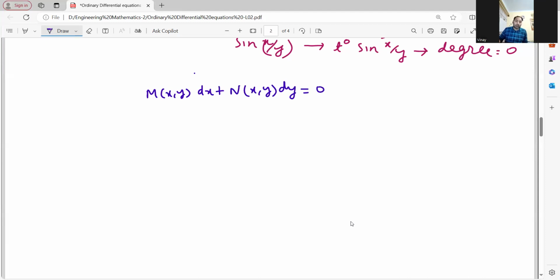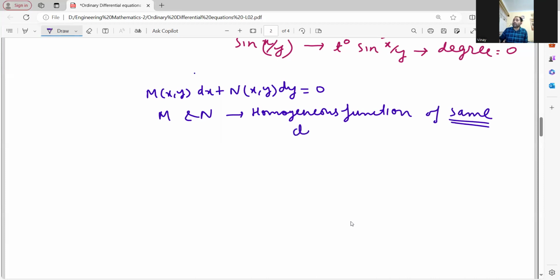It is said to be a homogeneous differential equation when M and N are homogeneous functions of the same degree. Make note of this, same degree. So this differential equation is a homogeneous differential equation when M and N are homogeneous functions of the same degree.